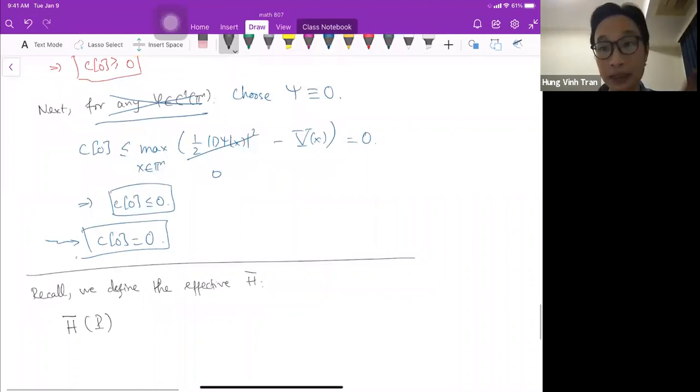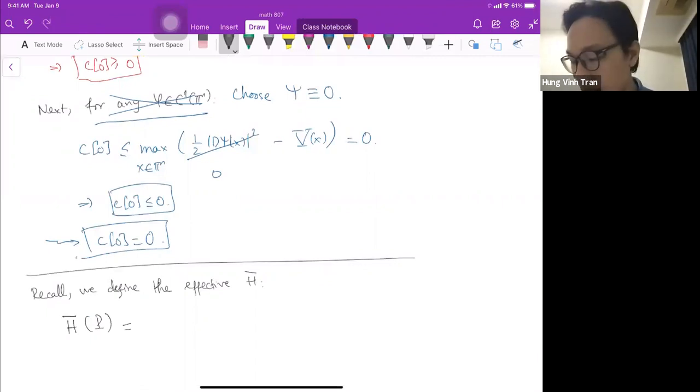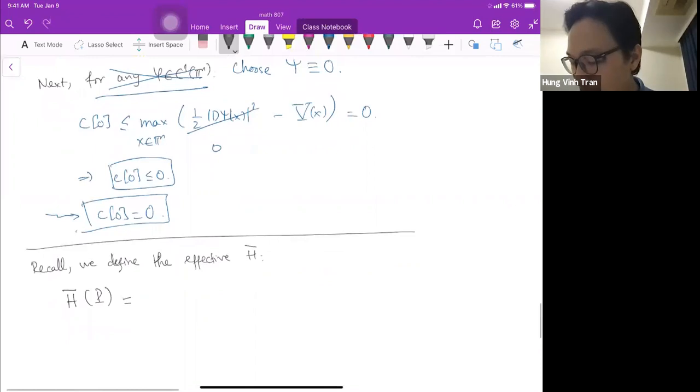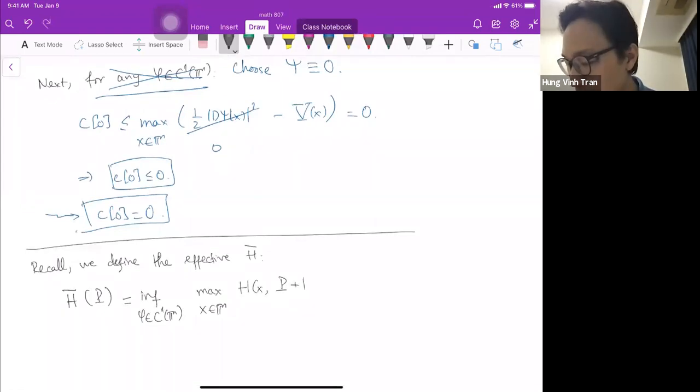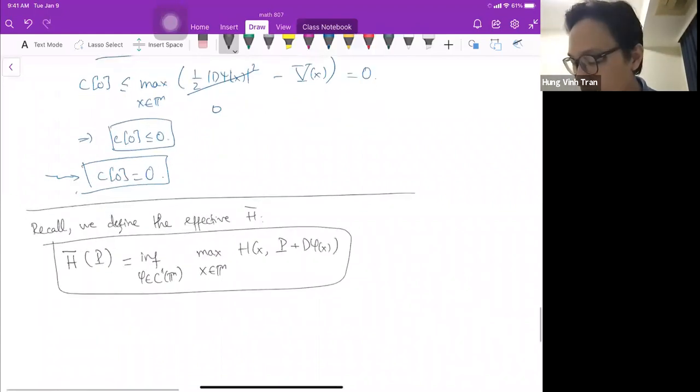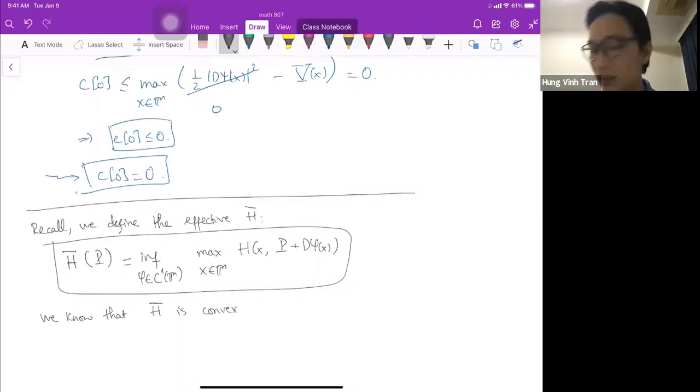Instead of just defining it at the point 0, I'm defining it for every point P. And by the third equivalent definition that we have been able to prove today, H bar of P can be defined to be the infimum over phi in C1 of the torus of the max over x in the torus of H of x, P plus d phi of x. So we have this formula, and we know that H bar is convex.